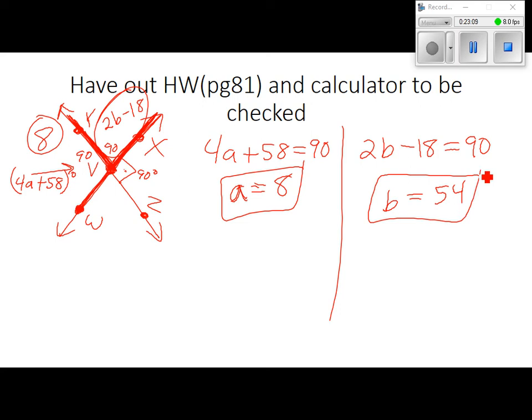What's the measure of angle ZVW? It'd just be 2B minus 18, right? 90. What's the measure of angle, listen closely, angle WVX? 180. What's the measure of angle YVZ? 180, so on, so on.